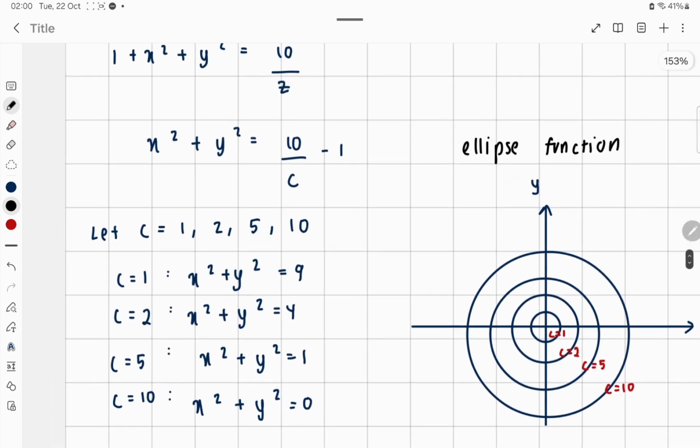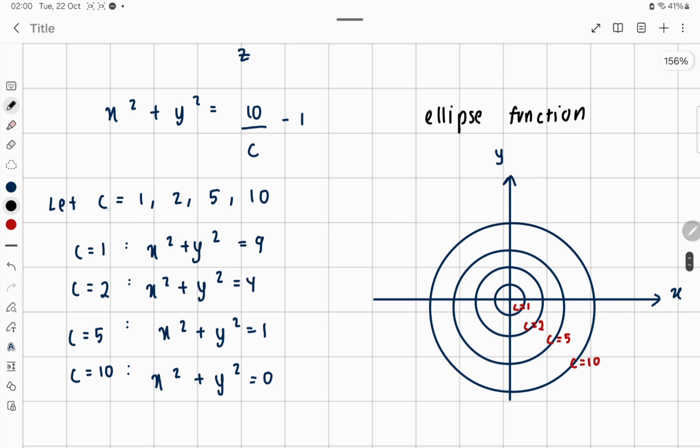As we can see here, I let c equal 1, 2, 5 and 10. By substituting all the values of c, I will get for c1, x squared plus y squared equals 9, c2, x squared plus y squared equals 4, c5, x squared plus y squared equals 1, and c10, x squared plus y squared equals 0.